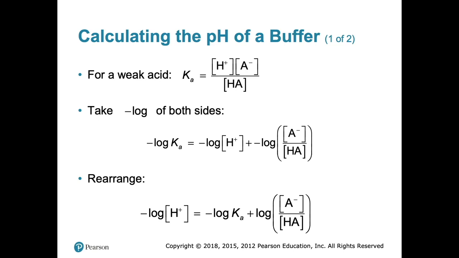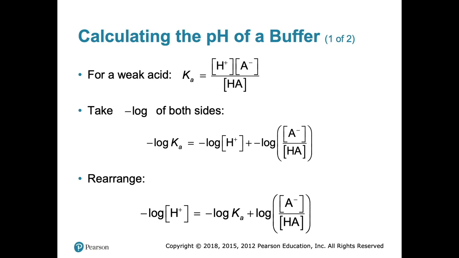So the negative log of the hydronium ion concentration or the proton concentration, they mean the same thing, right? This negative log here is just P, lowercase p, and this part here is the H. You put it together and you get pH.